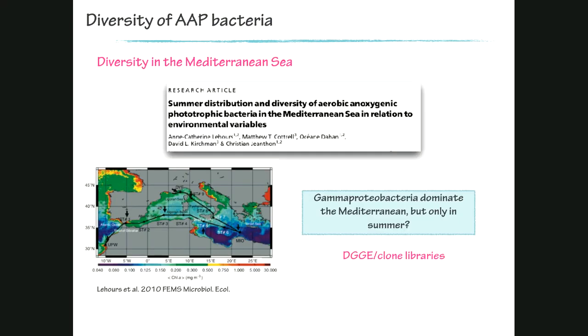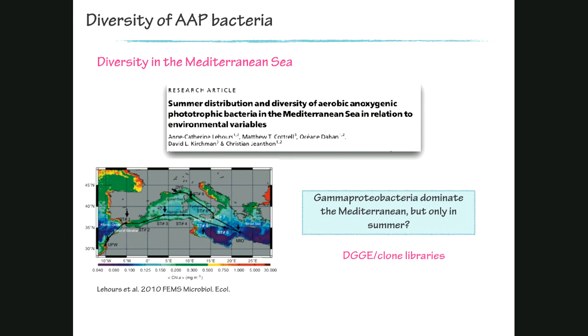Okay, so after this paper from the Global Ocean Survey, there was a report on the diversity in the Mediterranean Sea, and it actually contradicted the results published in the previous paper, because it showed that the most abundant group in the Mediterranean was Gammaproteobacteria.